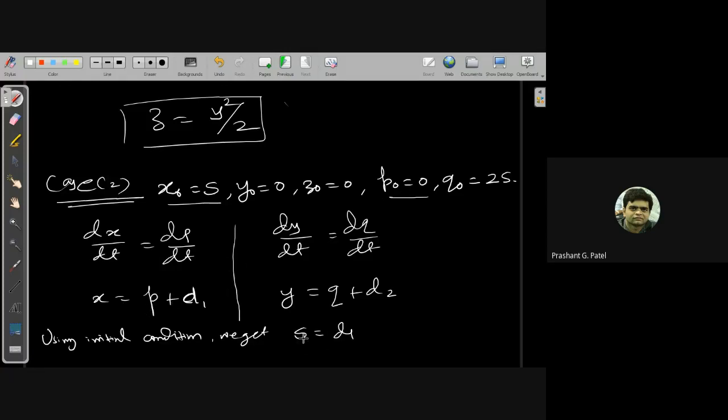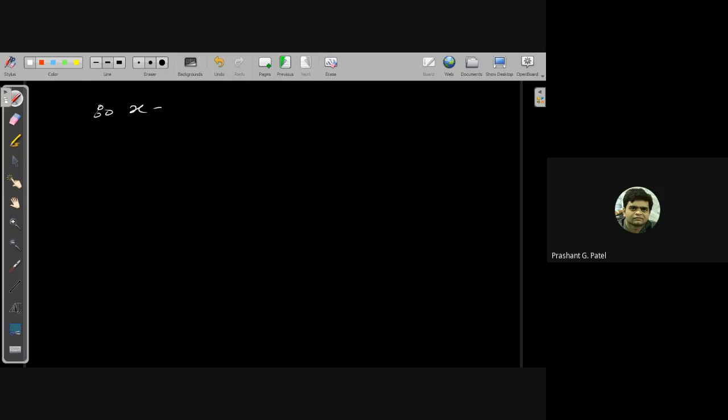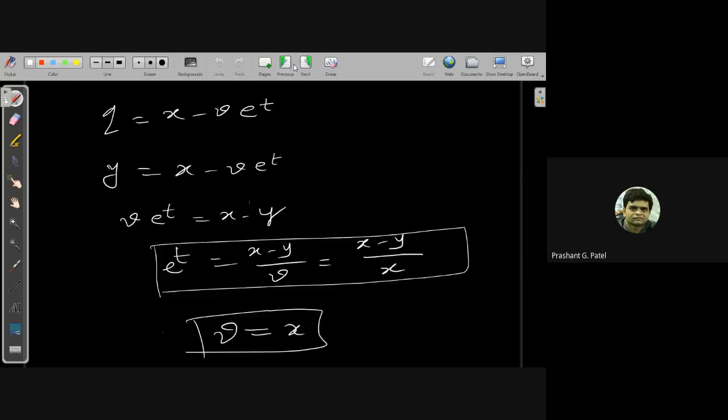So d1 is s, and here if I use y0 is 0, q0 is 2s, d2 is equal to minus 2s. So we got d1 and d2. Let's substitute here. So finally, therefore, x is equal to p plus s and y is equal to q minus 2s. Now, we already have observed here. You just see that.